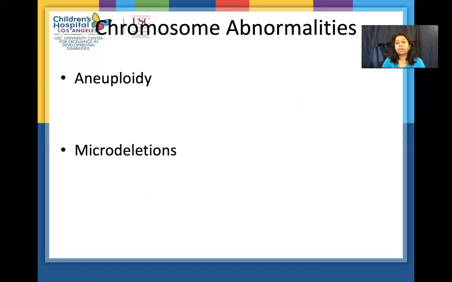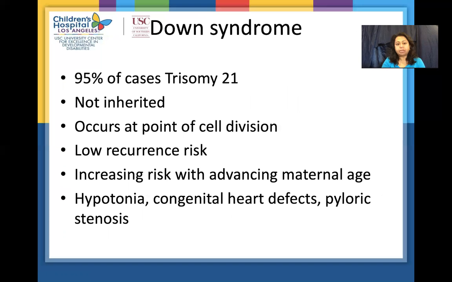So when we think about some common examples of chromosomal aneuploidies, Down syndrome is very well established as a known chromosomal abnormality. Typically, most individuals with Down syndrome do not inherit this condition from a parent.